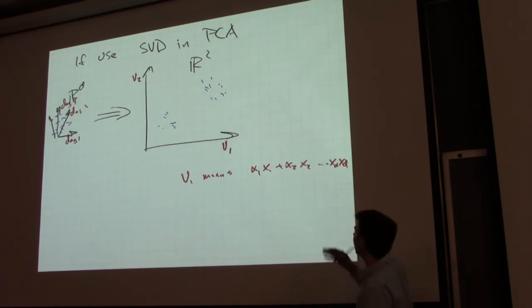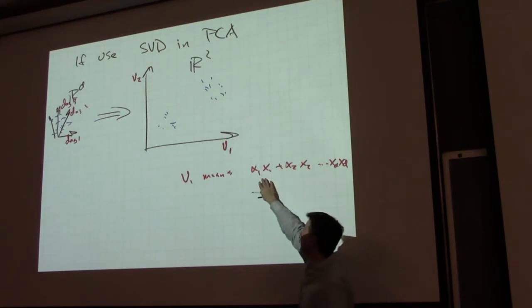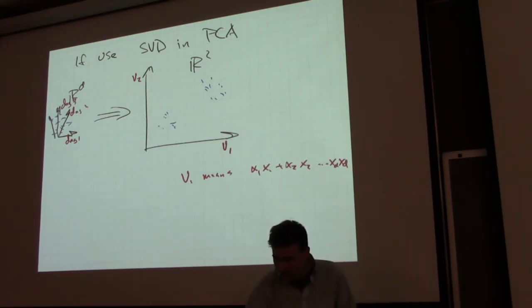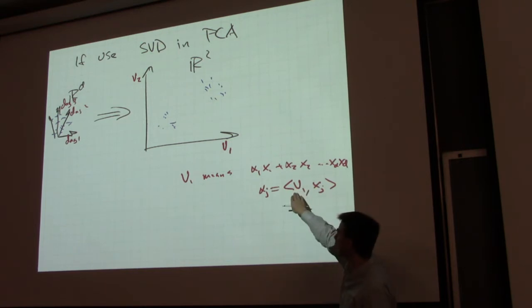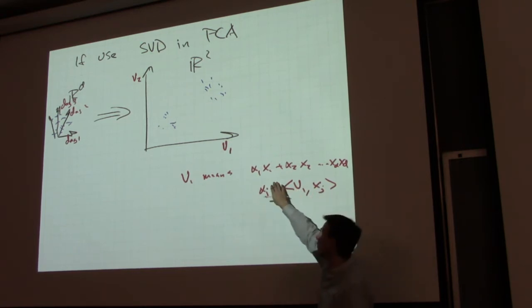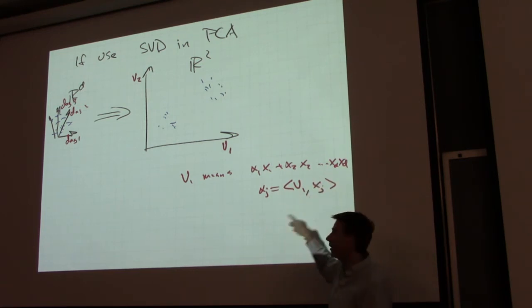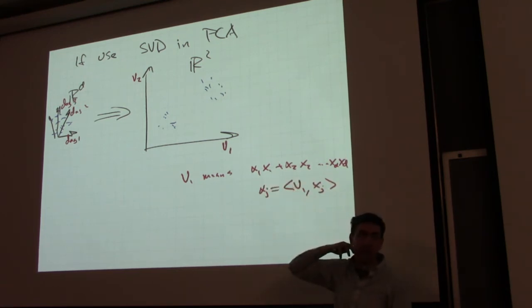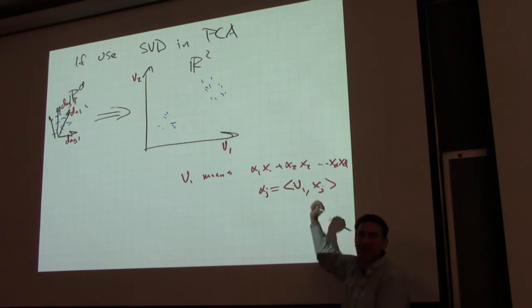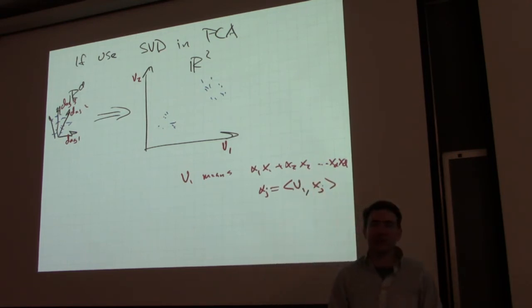So if I have d coordinates x1, x2, up through xd, the original d coordinates, it's a weighted linear combination of these, where alpha j turns out to be the dot product of v1 and xj. All of these are going to be non-zero in the typical sense. So I can say this means some linear combination of these, but this really isn't that helpful. It's often fairly evenly distributed among a bunch of these, so there's not a good interpretation of what's going on here.